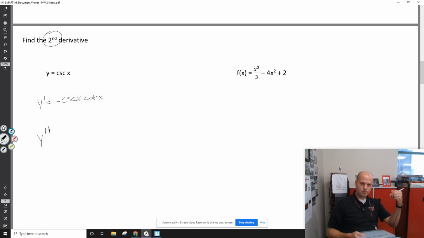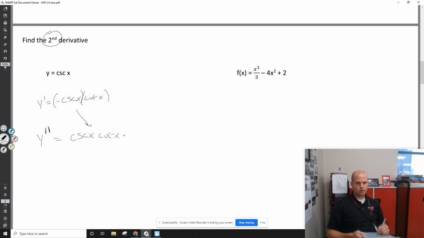Y prime's slope, we'll call y double prime. It's a product. Again, the negative could be left out as a constant, or you could just bake it into the negative cosecant, and I'm going to do that. I have the derivative of cosecant, which is negative cosecant cotangent. The negative and the negative will cancel with each other, giving me positive cosecant x cotangent x. Again, that's the derivative of negative cosecant.